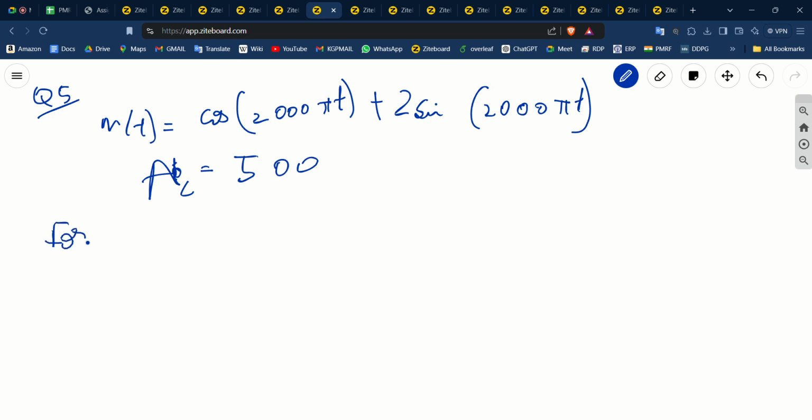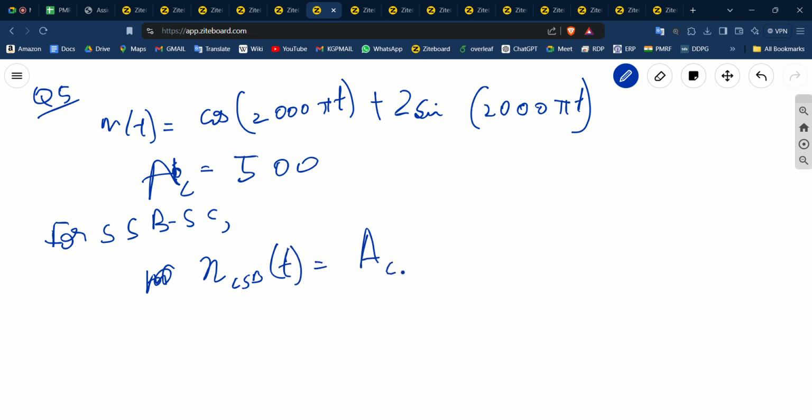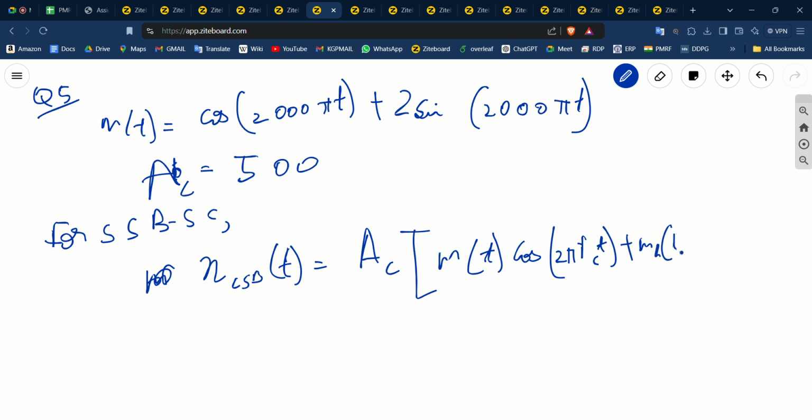For SSB-SC, x_LSB(t), the expression for the lower sideband, is A_c times m(t) cos 2 pi f_c t plus m_h(t) sin 2 pi f_c t.